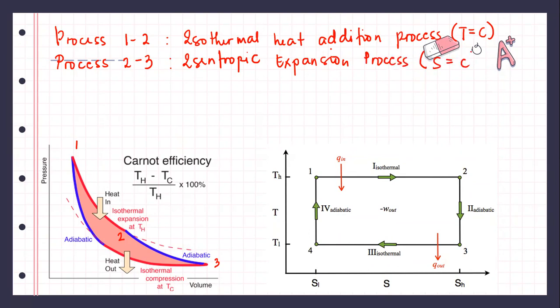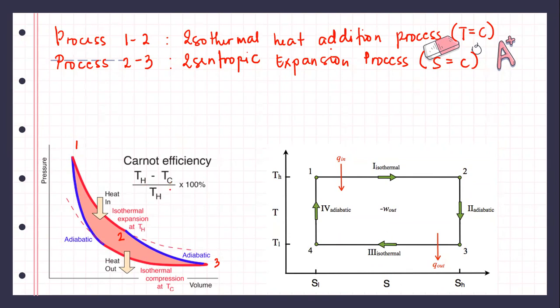Entropy is constant. Okay. 2 to 3 under the isentropic expansion process, which is also known as the adiabatic process. Okay, when you say process 2 to 3, a reversible adiabatic expansion during which the temperature of the working fluid decreases from the high temperature to the low temperature. TH is the high temperature, this is the low temperature.